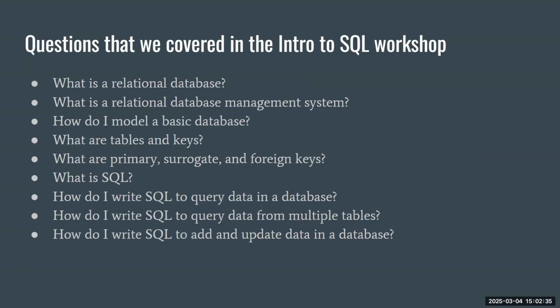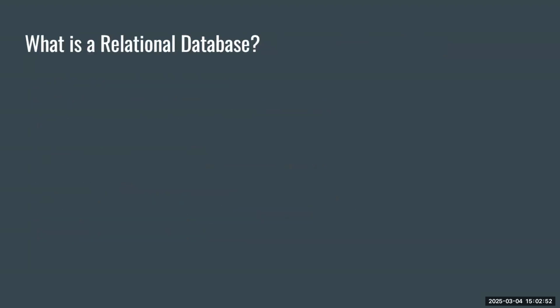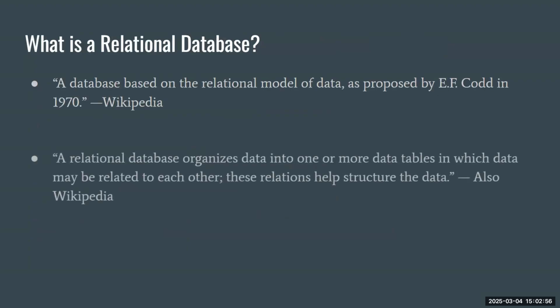So this is a list of the things that we went over in the first workshop, and I'll leave it on the screen here for a minute or two. You guys can look at it. All right. So we discussed what a relational database is, and I like the second definition on this slide better.